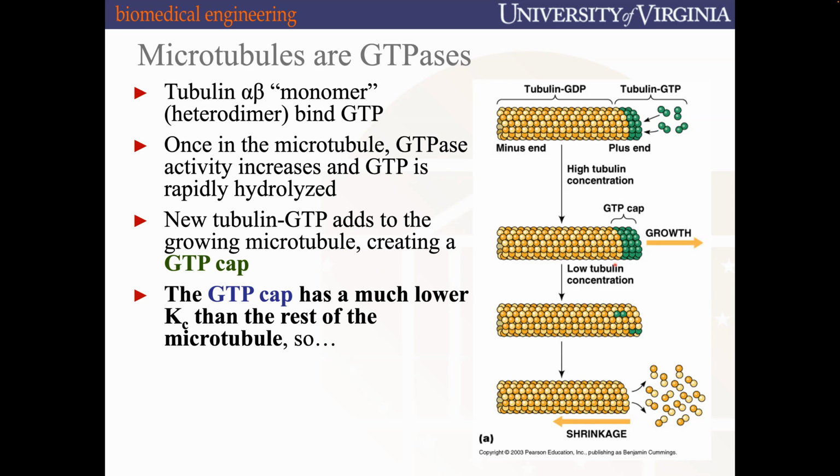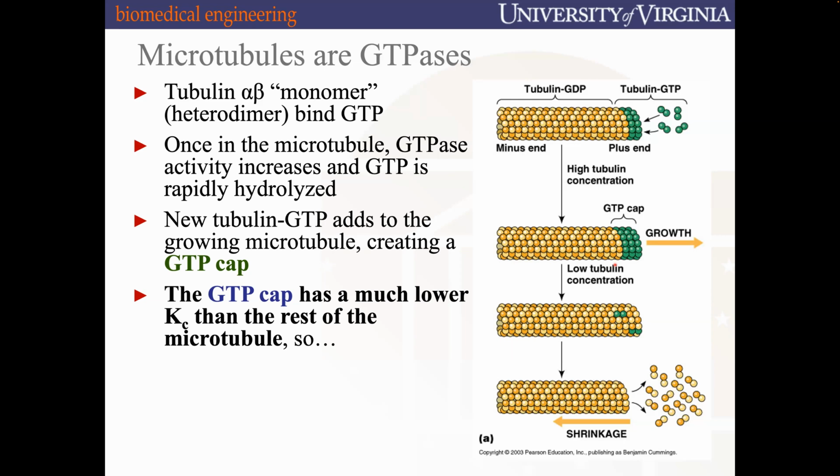So this is one way that it's regulating growth preferentially at this plus end: as long as there are these tubulin monomers with GTP bound, or this GTP cap specifically, it is preferentially going to bind more. That means that there needs to be a lower concentration of these monomers present to continue to grow this polymer.